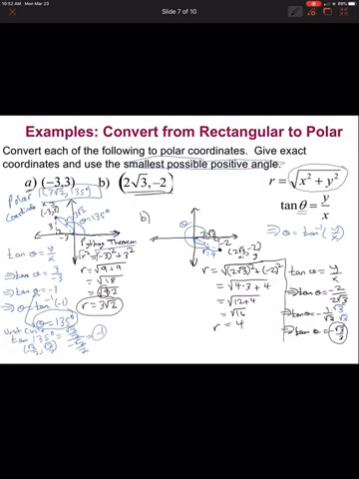Now again, you can put it in your calculator. If you go to your calculator, theta equals tan inverse of negative square root of 3 over 3, and it'll give you a function value. Now the function value it's going to give you is negative 30, because it's going to give you the function value in the range of the inverse function. Now negative 30, of course, we want the smallest possible positive angle.